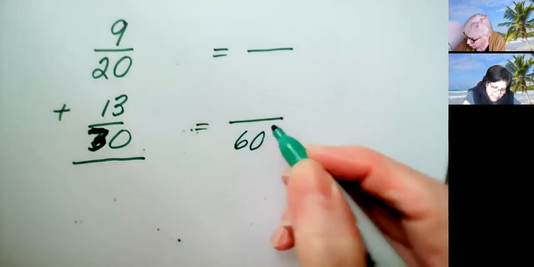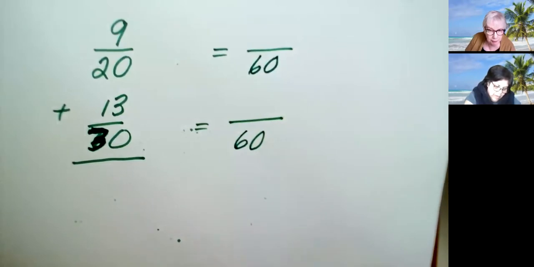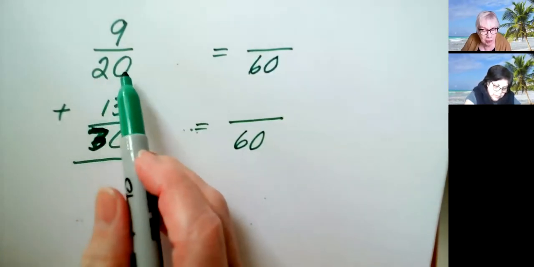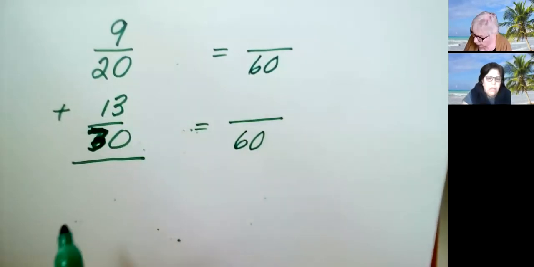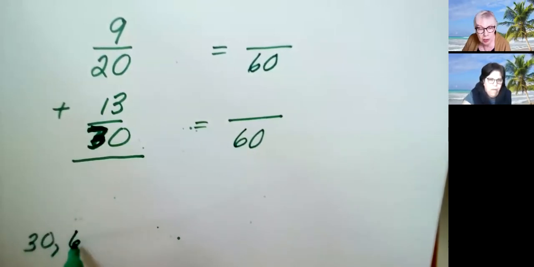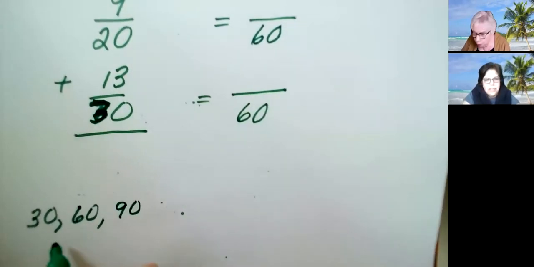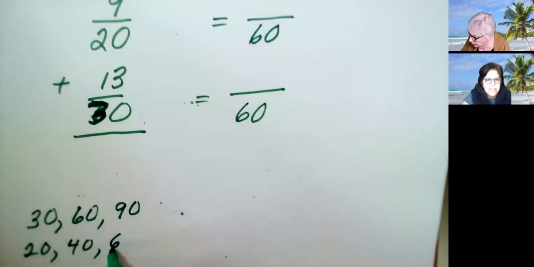Now let me show you how I think the quickest way to get 60, even though you got it. Because these numbers were not that strange, I did multiples. The multiples of 30: 30 times 1, 30 times 2, 30 times 3, 90, 120. But then 20, the multiples of 20: 20, 40, 60.